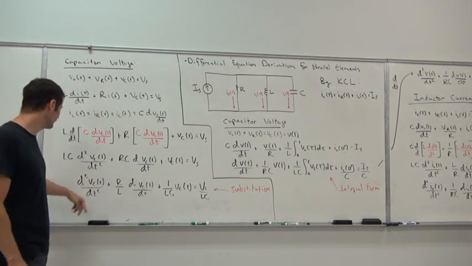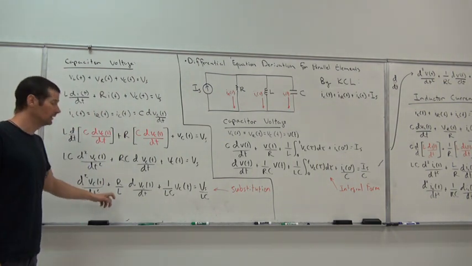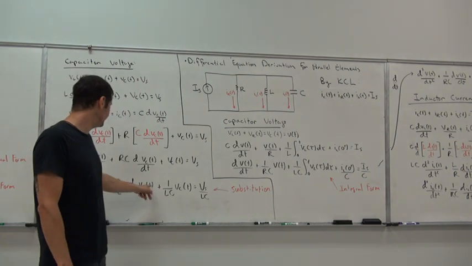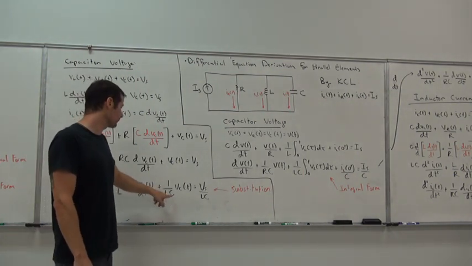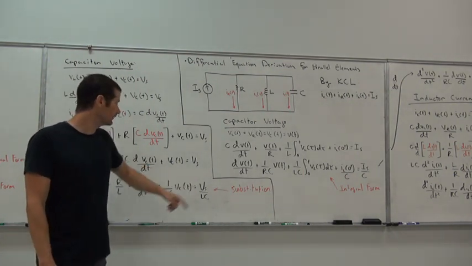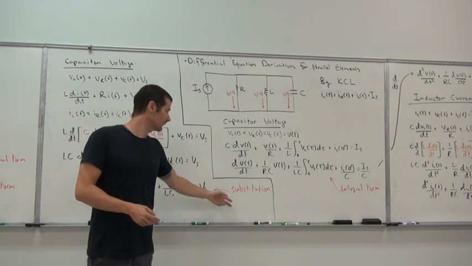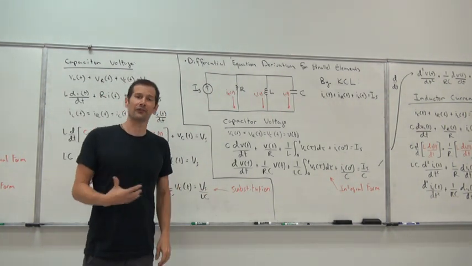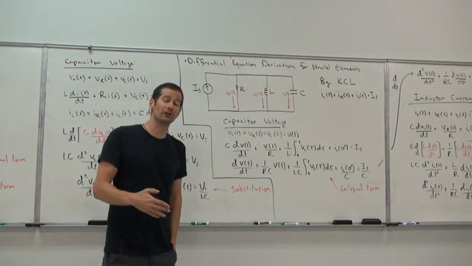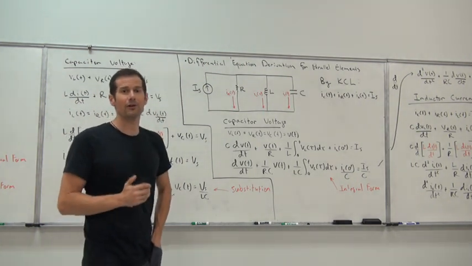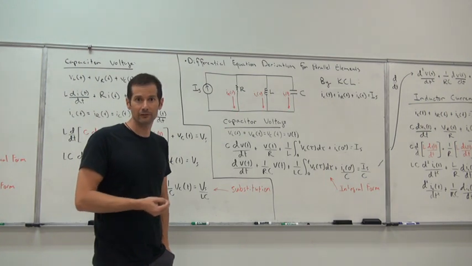So d squared VC(t)/dt squared plus R over L dVC(t)/dt plus 1 over LC VC of t is equal to Vs over LC. And this is what I like to call the substitution method, to manipulate the KVL equation all in terms of VC of t.